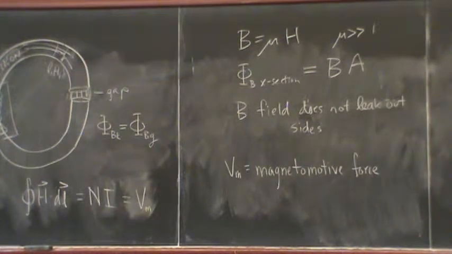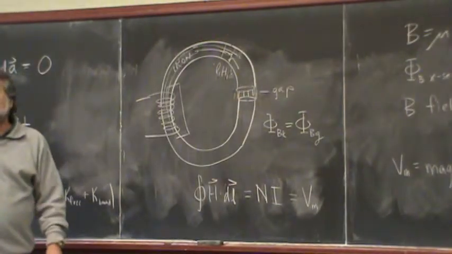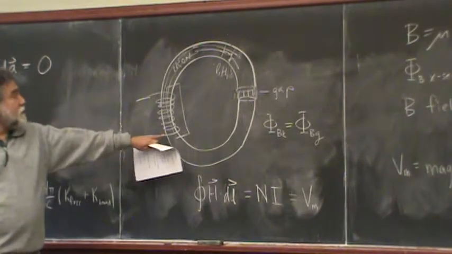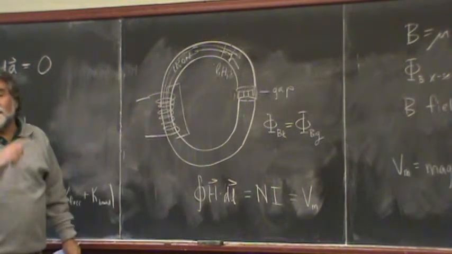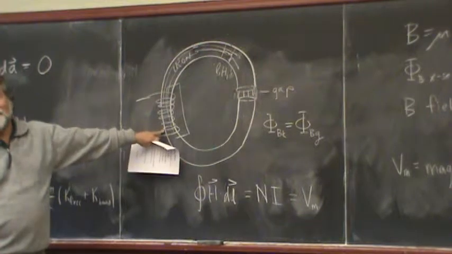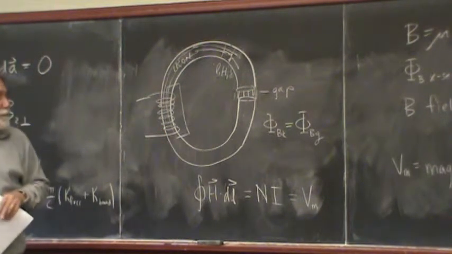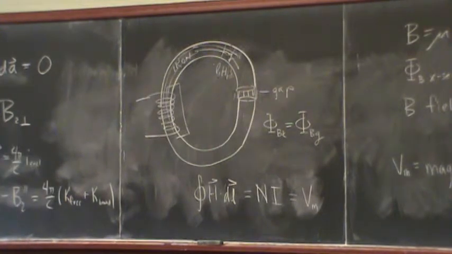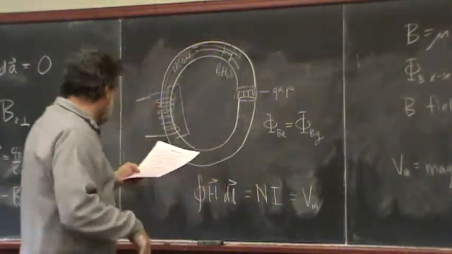So I've got a circuit now, and the magnetomotive force for this circuit is whatever N times I is for this battery for the circuit, let's say. The thing that is actually creating the fields in the circuit. We have some really bad analogies here, but they're useful. They're actually going to work.